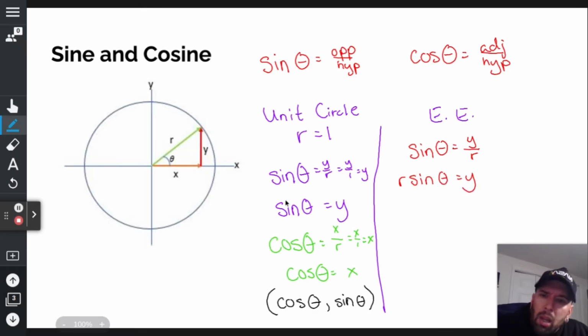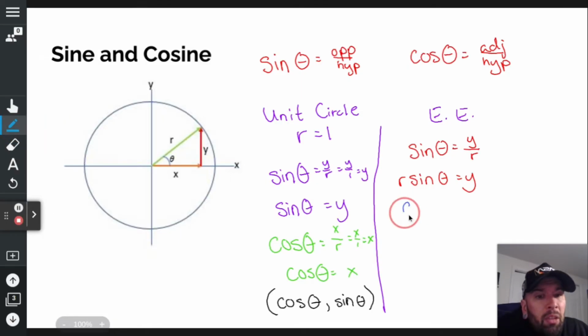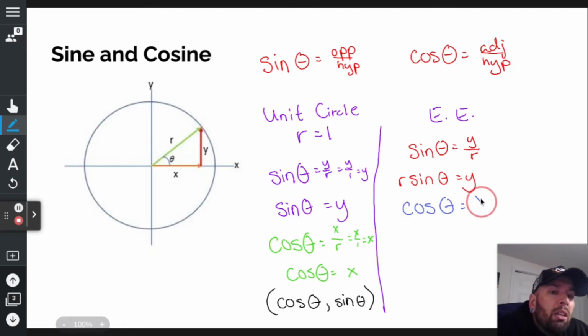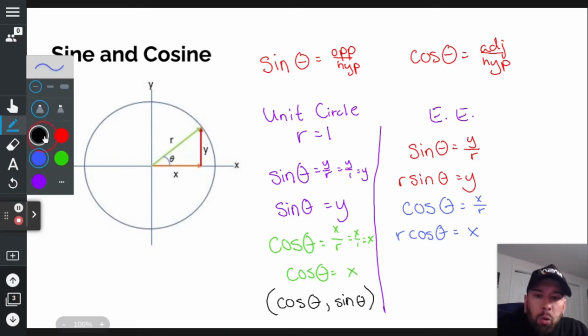And as we probably are going to figure out, I could do the same thing with cos theta. Cos theta is going to be x over r. And if I multiply both sides by r, then r cos theta is my x value. So when I give you problems where the radius is not 1, I could use this point here.